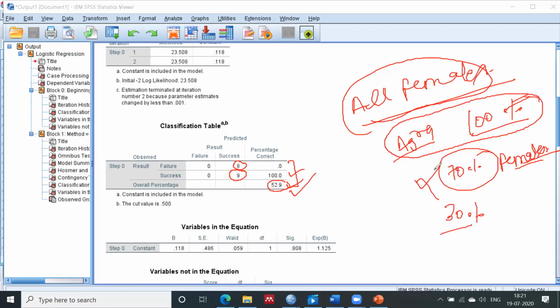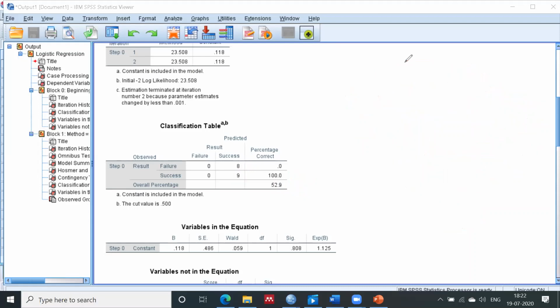Only 70% I am right. The same situation applies with this table: it shows 52%, the overall percentage is about the success. You will just leave this thing here only. I will explain a few things more so that you will be able to understand.